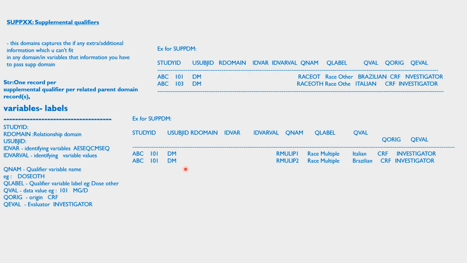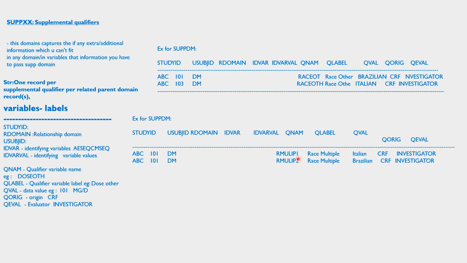Here we can see one more example, where the same subject has multiple records. Subject 101 is different, subject 103 is different, so in that case we need to capture them individually. When the same subject has multiple records, we have to capture them in this way. STUDYID, DOMAIN and RDOMAIN will be the same, and IDVAR will be null.